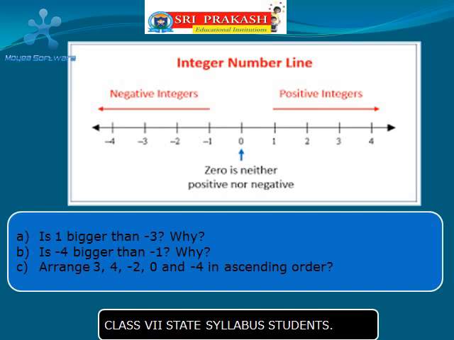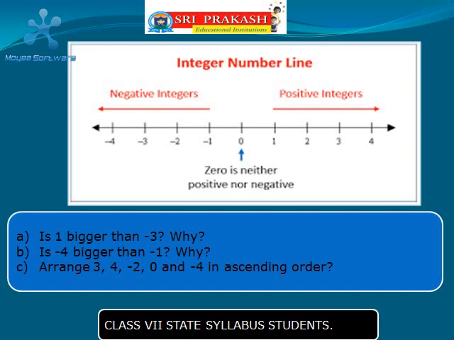So the numbers that are written on the right hand side from 0 are bigger than the numbers that are written on the left hand side from 0. So here 1 is bigger than -3.